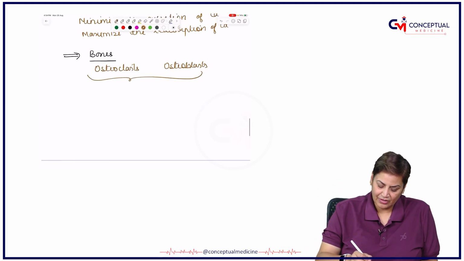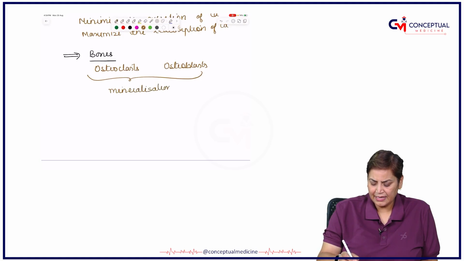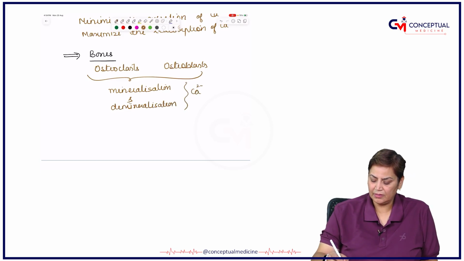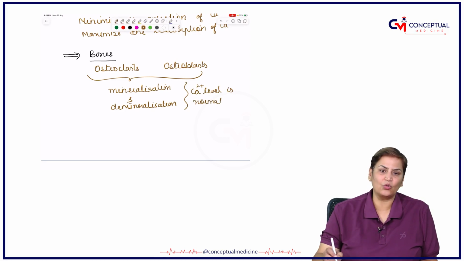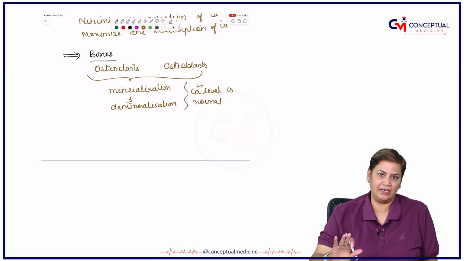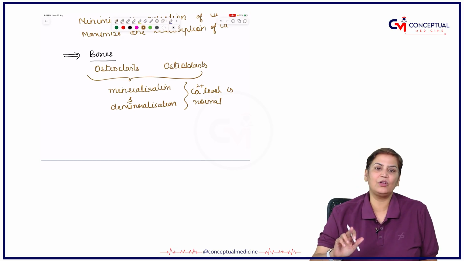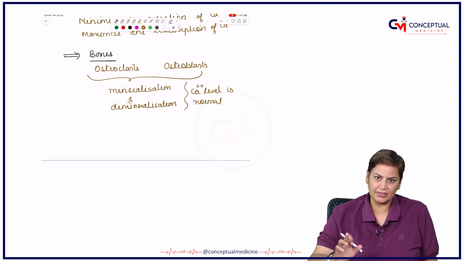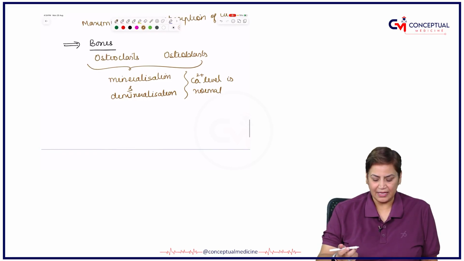So mineralization and demineralization will help in making the level of calcium normal. So this is the role of vitamin D in the intestines, in the bones and in the kidneys. And always remember, vitamin D will always increase the concentration of calcium and the concentration of phosphorus. And this is the biochemical function.